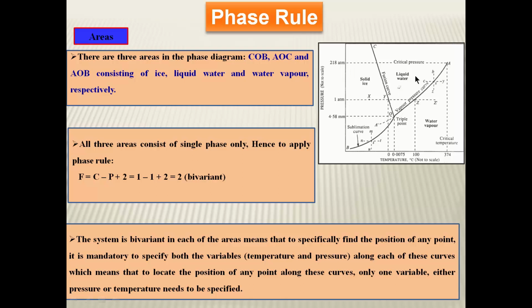Now in an area, if I give you an example, if I say minus 10 degrees centigrade, the pressure can be any. At minus 10 degrees centigrade, if I mention the temperature, pressure can be any. So for a particular point, I need to specify both the variables. So this is what we mean by bivariant system.